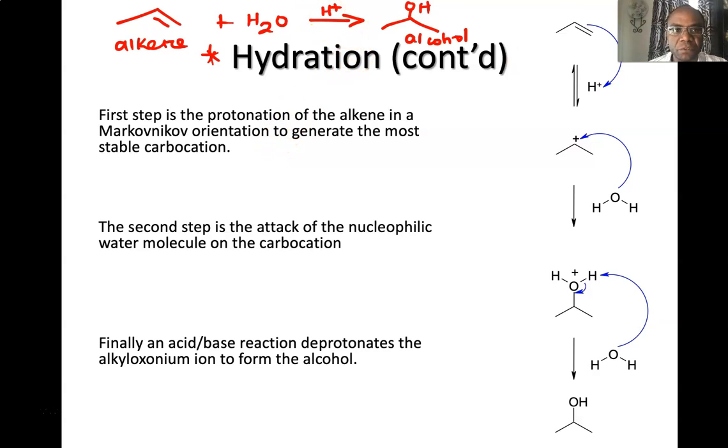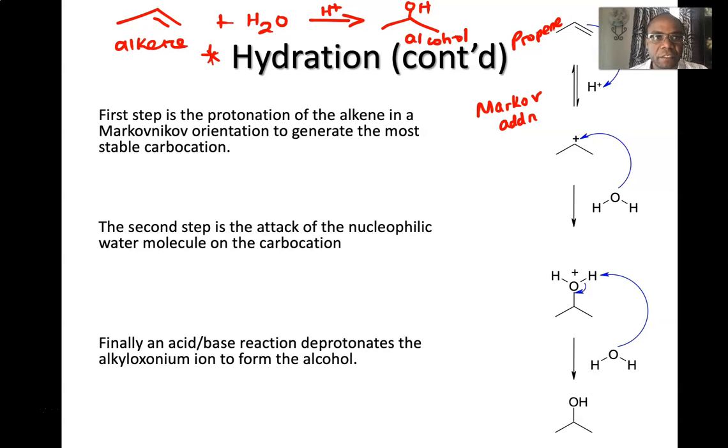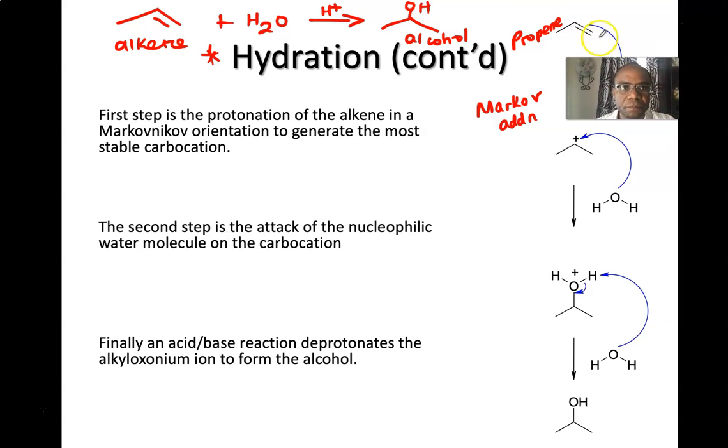So the first step, you use your pi bond. For example, if we're going to use the propene molecule as an example, you use your pi bond to attack the positive charge. Again, it's still going to be Markovnikov addition. The H plus of the acid, back there, here you have a CH2. You have a CH2 right here. Here you have a hydrogen.